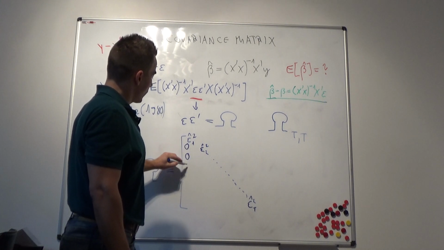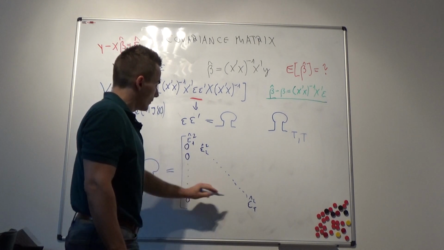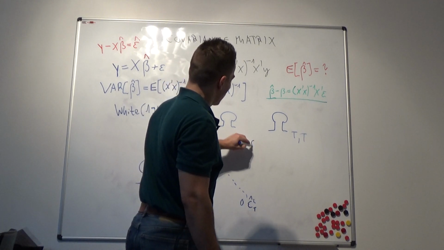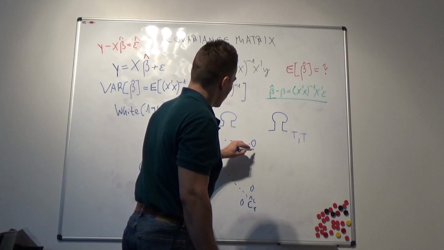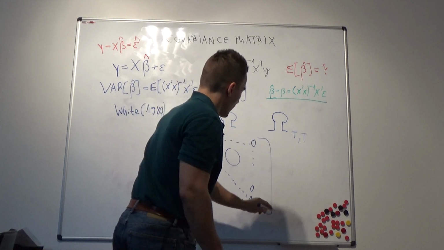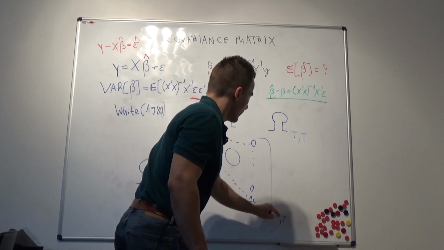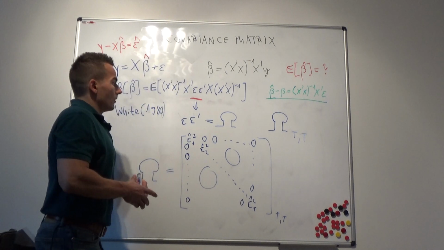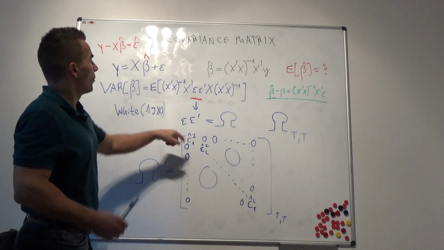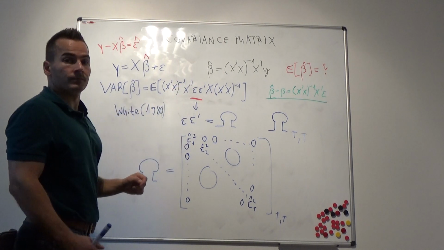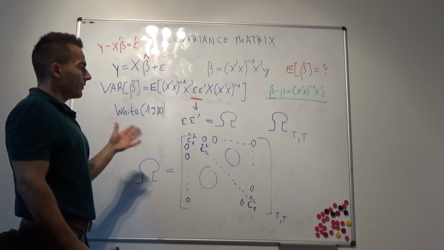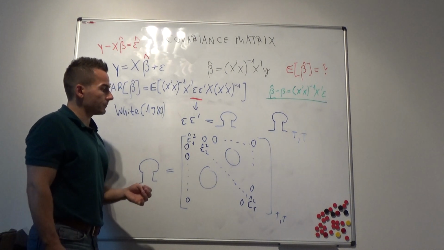Above and below the main diagonal there are zeros, and of course it's a T by T matrix. So we calculate this matrix omega and put it here in the middle. That's basically how White suggests to account for this volatility clustering.